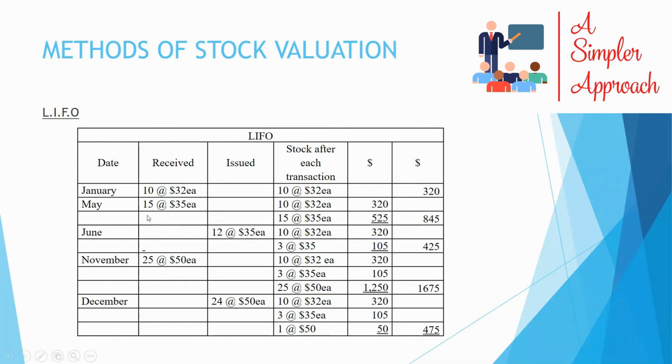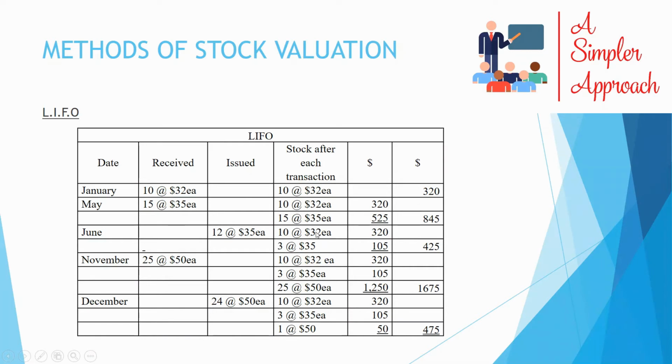Of these two, the last set that came in was May 15 at 35. Therefore, this is where we will take from to issue for June. So for June 15 at 35, that's where we took it from. So 12 out of the 15 leaves 3 at 35.